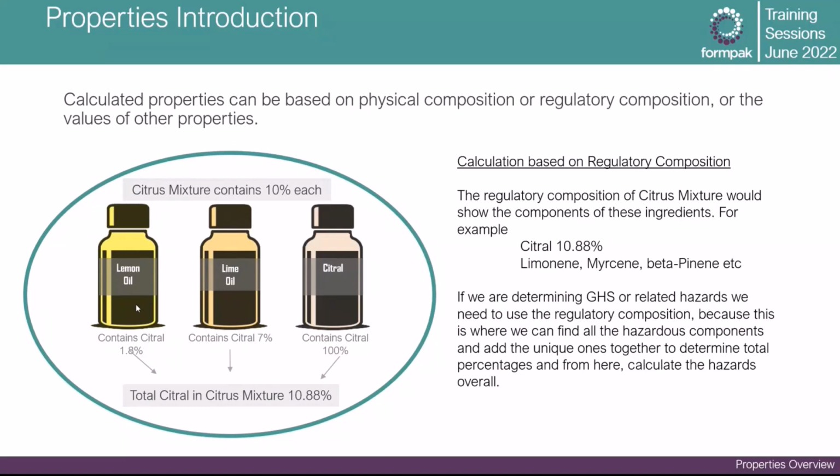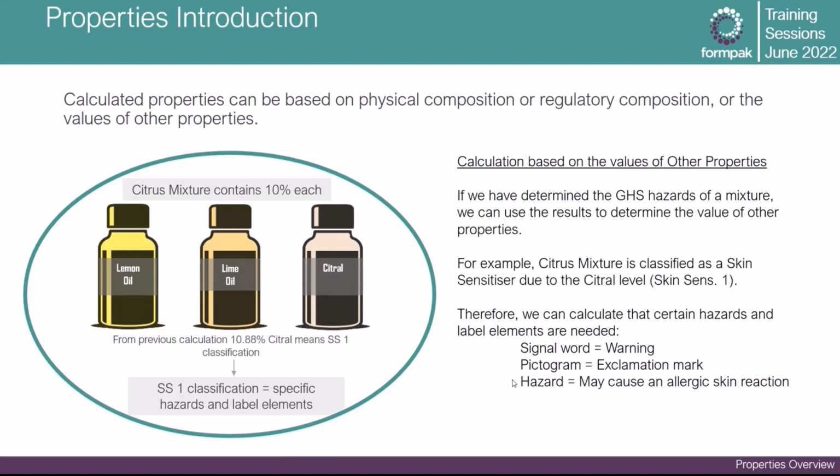If we've got 10% of lemon oil, which contains 1.8% citral, and lime oil with 7% citral, and obviously this is 100% citral, the total citral in the mixture would be 10.88%, and that would then be relevant for hazard classification and other things as well. But we've looked inside.